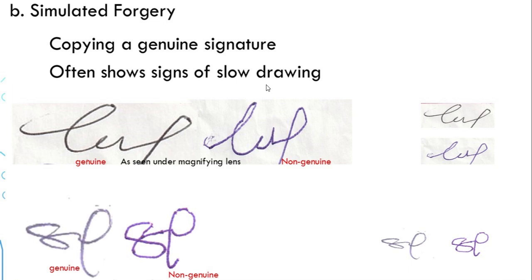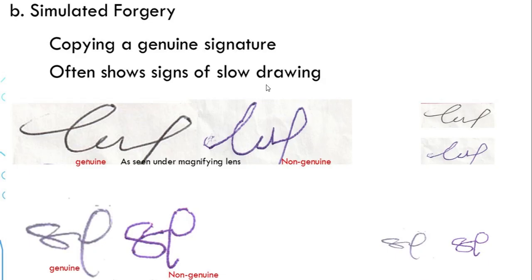He has the original that he is using to write his own. So he copied from a place. So, for example, when a genuine signature is being copied, that's a simulated forgery. Then it often shows signs of slow drawing.